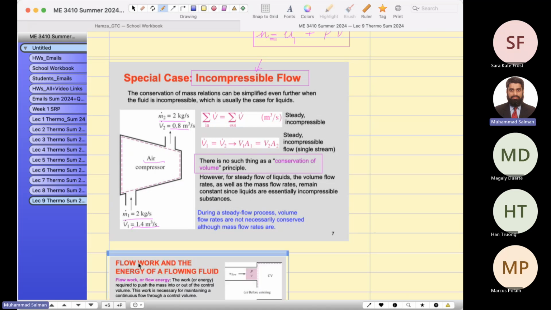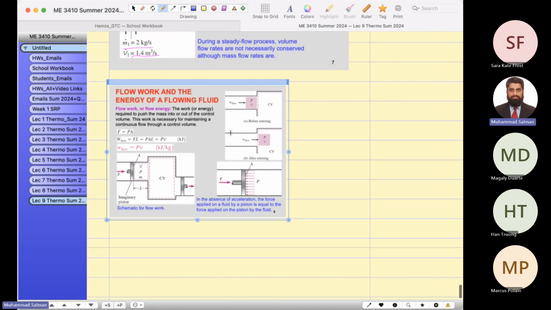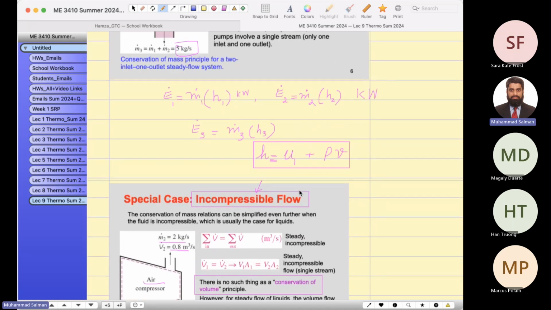But this is just to illustrate to you. Now I told you that this enthalpy has two terms. One is internal energy, one is P times specific volume. P is pressure, and v is the specific volume, which is meter cube per kilogram.